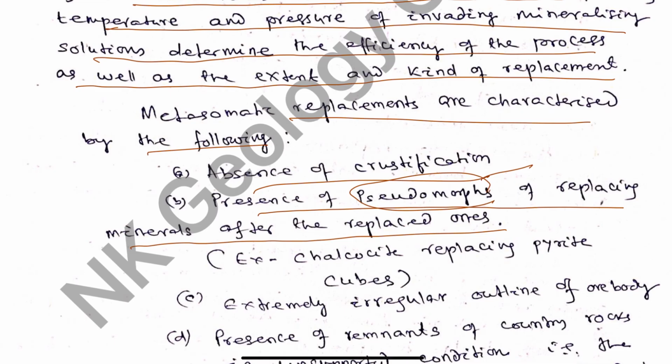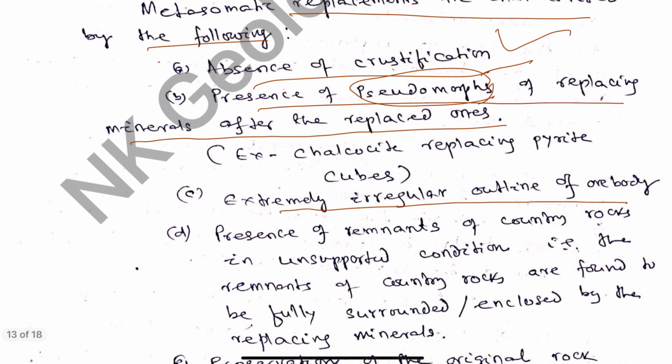So pseudomorphs are common. There is no classification in case of replacement type of deposit, and there is extremely irregular outline of the ore body, because replacement takes place through reaction between the country rock and the invading solution.